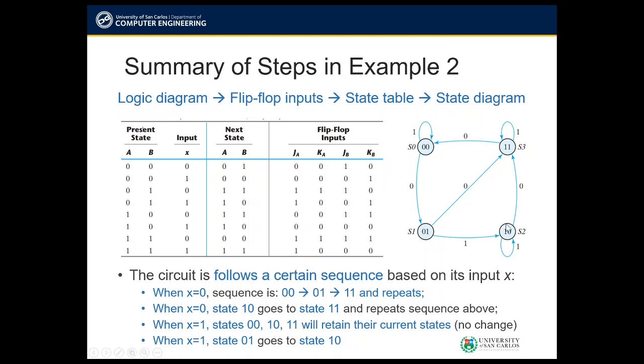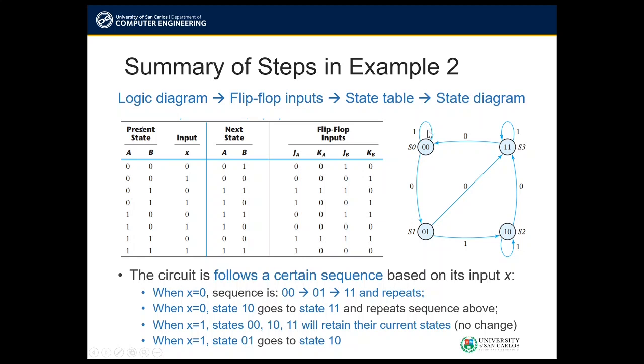In the event that we are in state 1, 0, if x is 0, the state goes to 1, 1. So if this is the present state and the input is still 0, it goes to 1, 1, and the sequence will repeat. When x is 1, states 0, 0, 1, 0, and 1, 1 will retain their current states, which means that no change is happening.